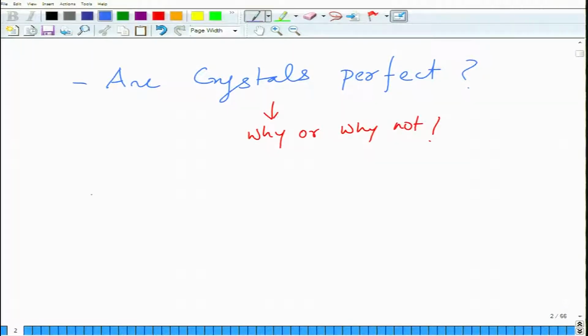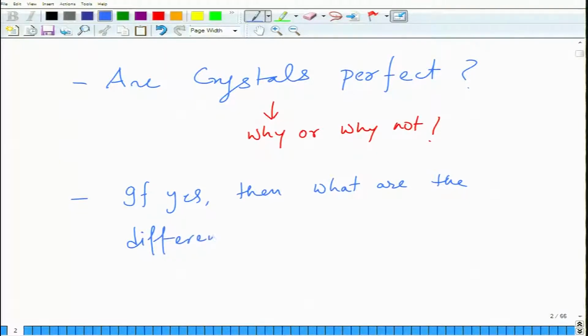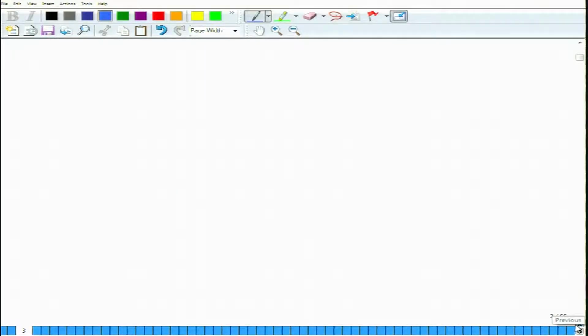And then if yes, what are the different kinds of defects? So let us first begin with the first question, are the crystals perfect?